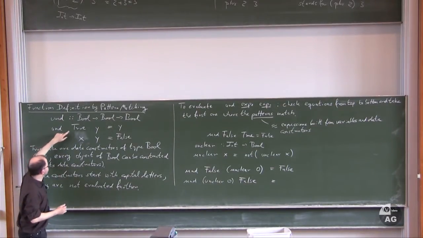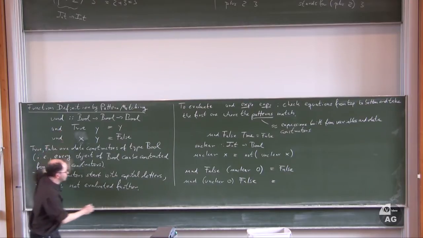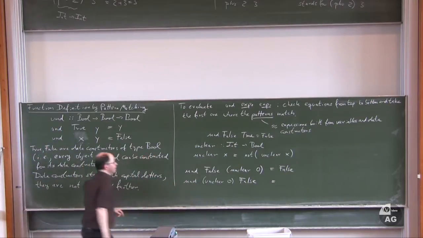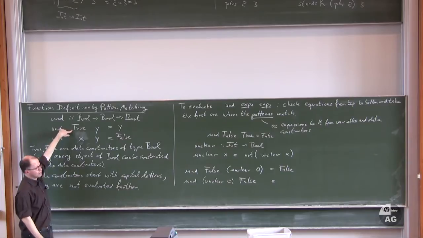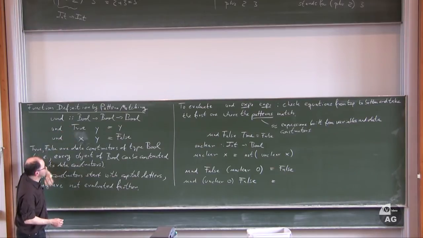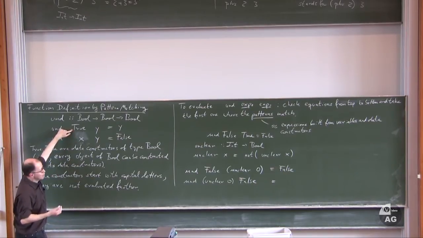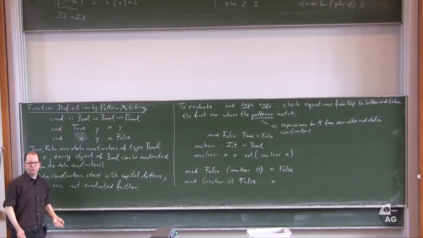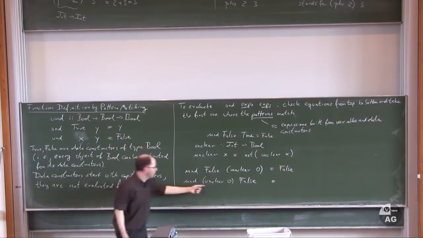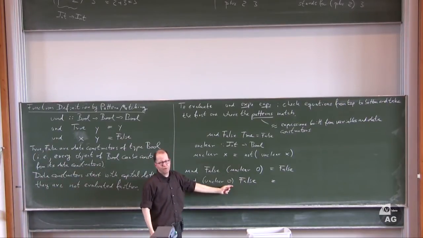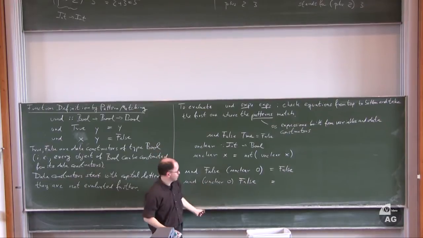And to find this out, it has to find out whether this thing will start with this data constructor. If it can be sure that it's not true, then we can ignore this first defining equation and look at the second one. But Haskell doesn't know. Maybe unclear 0 evaluates to true. So Haskell will start evaluating this until it can find out whether it starts with true or not.